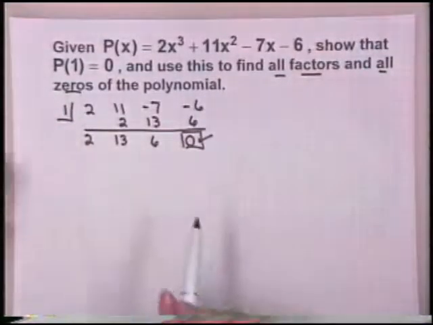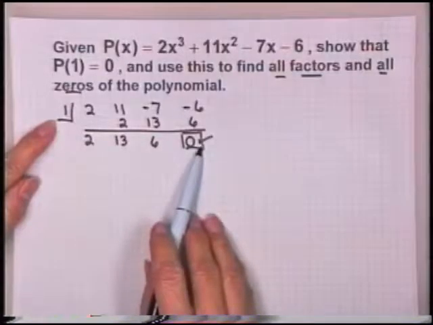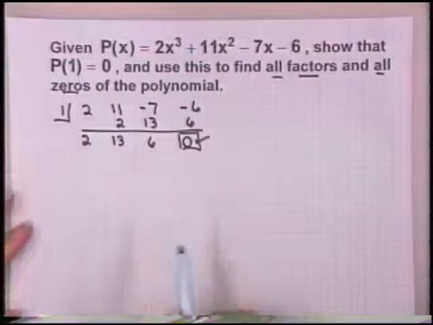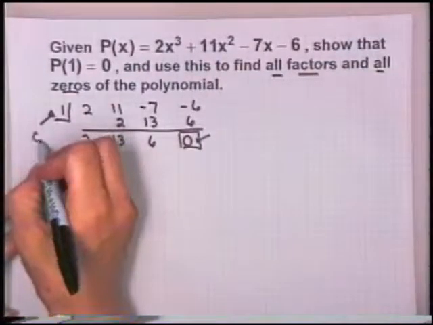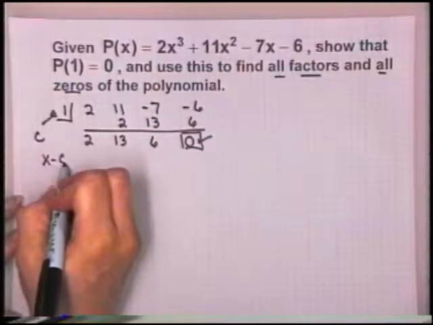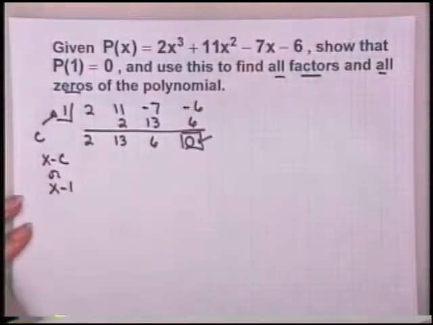Now, let's talk about factors first. If I divide here and I get a 0 remainder, it says what? Something was a factor. Remember, this 1 right here is c, isn't it? What was I dividing by? I was dividing by x minus c, or in other words, x minus 1.